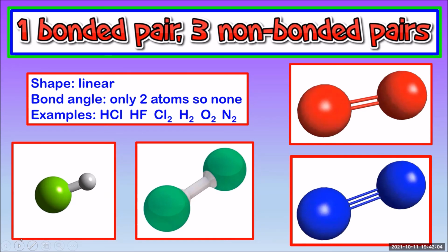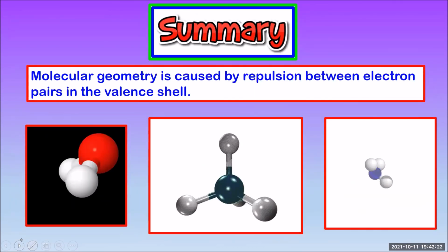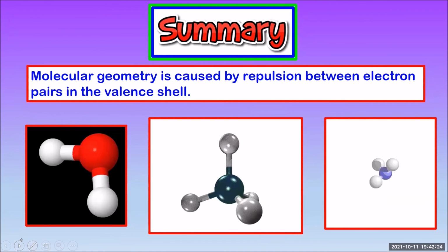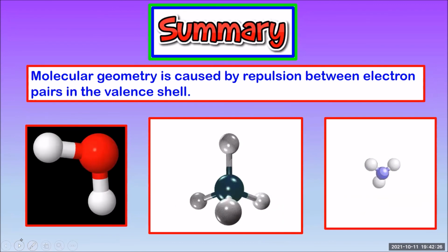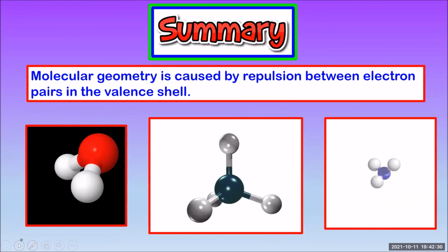We also include oxygen with its double bond counting as 1 repelling group, and nitrogen with its triple bond representing 1 repelling group. All these molecules have a central atom with an octet. Their shapes are being caused by repulsion between the 4 electron pairs in the octet.